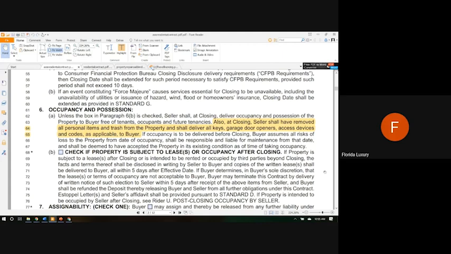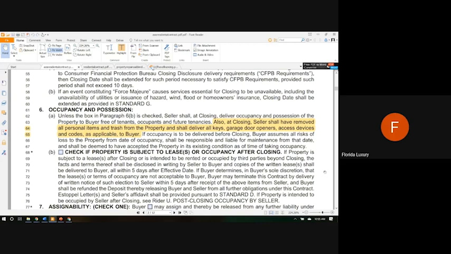But how many times have we done the final walkthrough and there's still crap everywhere? Oh, the buyer can just take care of that. The contract says the seller will have removed all personal items and trash. Does that mean it gets moved to the driveway? No, it's removed away from the property.